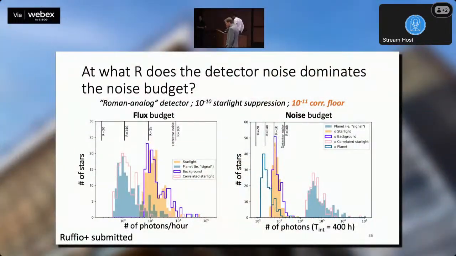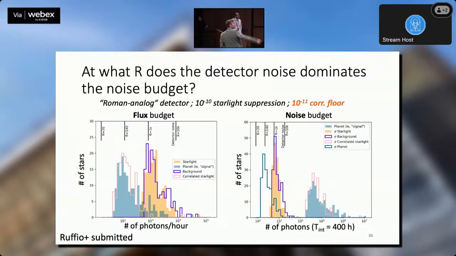We thought about this. I don't think we're in the Poisson regime for deep spectroscopic observations, like when we spend 100 hours on the planet. So this is actually the flux budget and noise budget for the simulations. So yes, 100 photons per hour for the planet over the 20% bandpass.